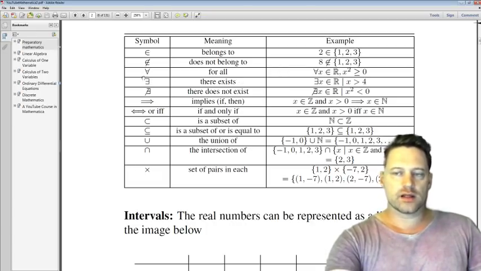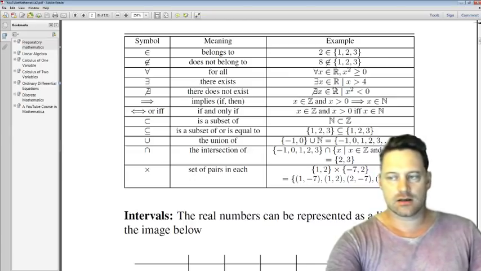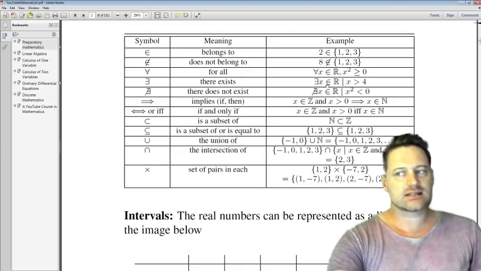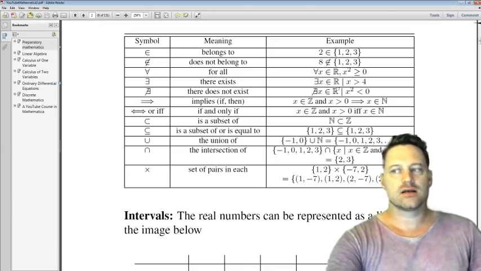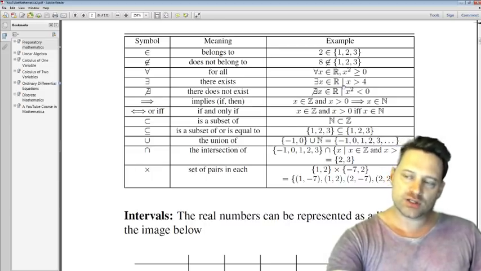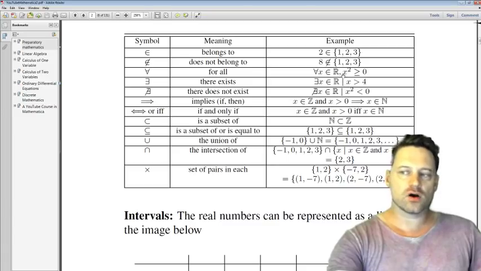All right, this one that looks like an uppercase backwards E means there exists. Okay, so you can say that as there exists a real number x such that x is greater than 4. Now, as a personal preference, I prefer not to use this vertical bar here to mean such that.